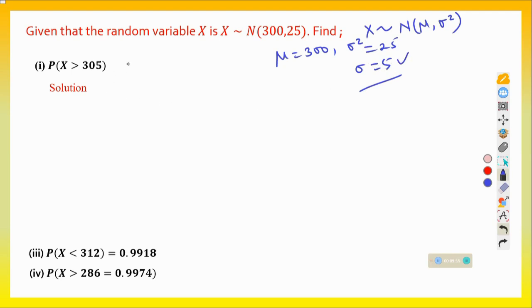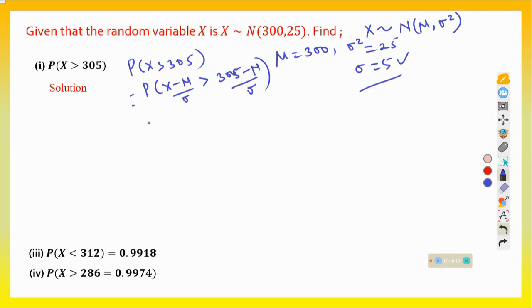If you are having P(X greater than 305), make sure you standardize first. So you have P((X minus mu) over standard deviation greater than (305 minus mu) over standard deviation).